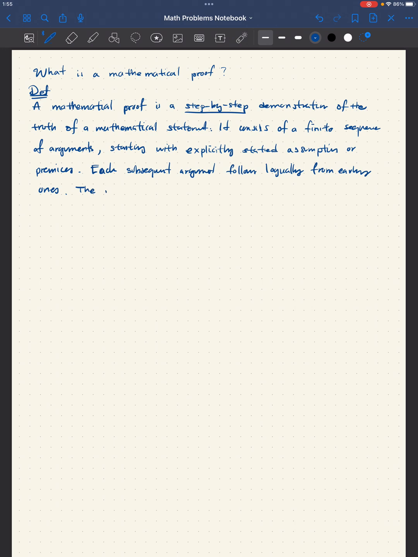The proof finishes or culminates in an argument establishing the desired conclusion.